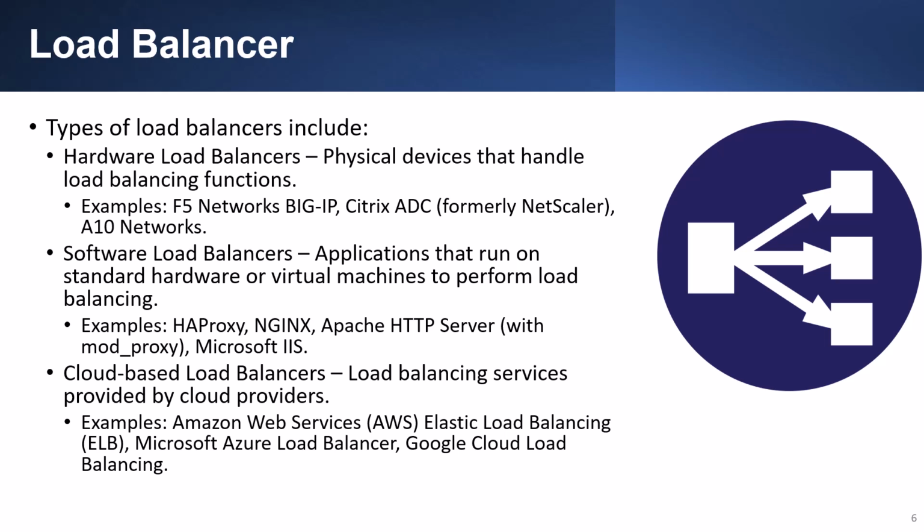Examples include HAProxy, NGINX, Apache HTTP Server with mod_proxy, and Microsoft IIS. Cloud-based load balancers are load balancing services provided by cloud providers. Examples include Amazon Web Services Elastic Load Balancing, Microsoft Azure Load Balancer, and Google Cloud Load Balancing.